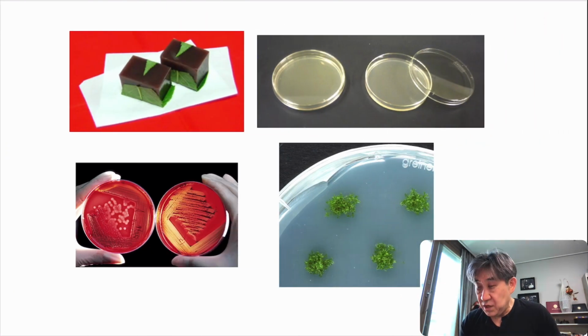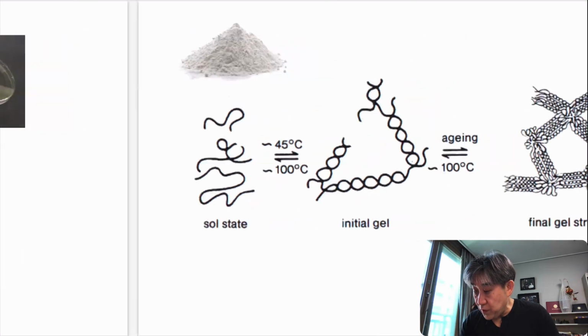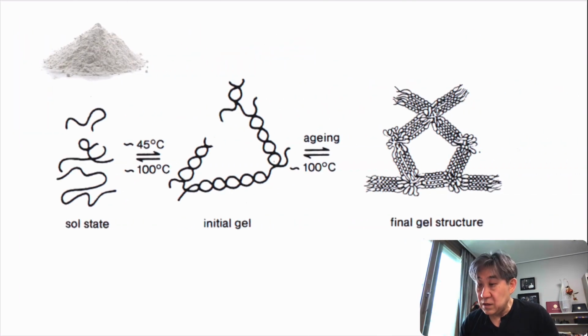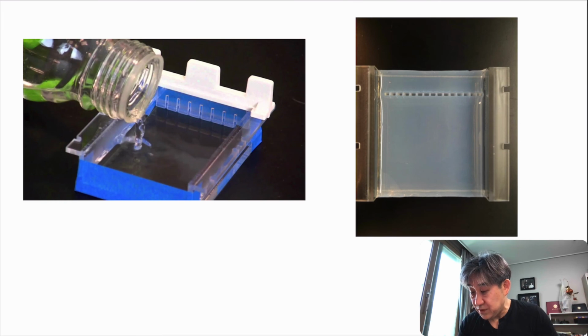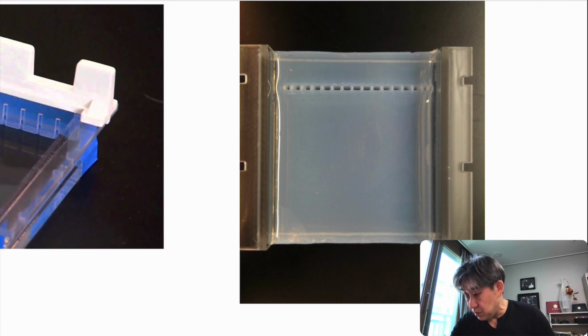These agarose gels are actually used in various different ways, not only for gel electrophoresis. This is a photograph of how you prepare the material for gel electrophoresis. You melt the agarose and pour it into an already set up mold, and you finally get a solid material.